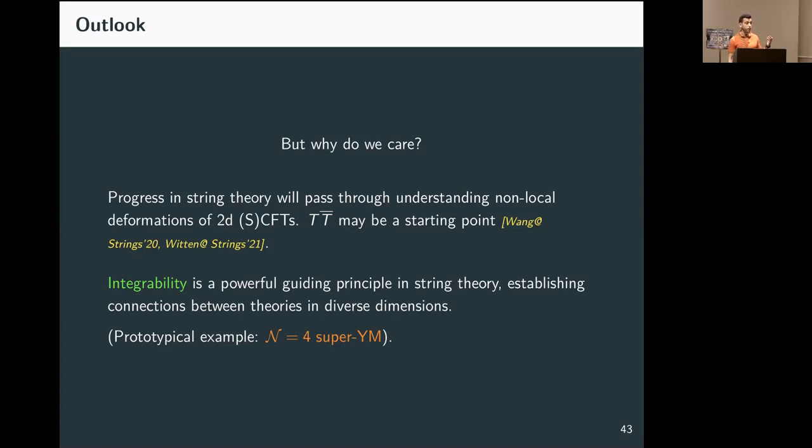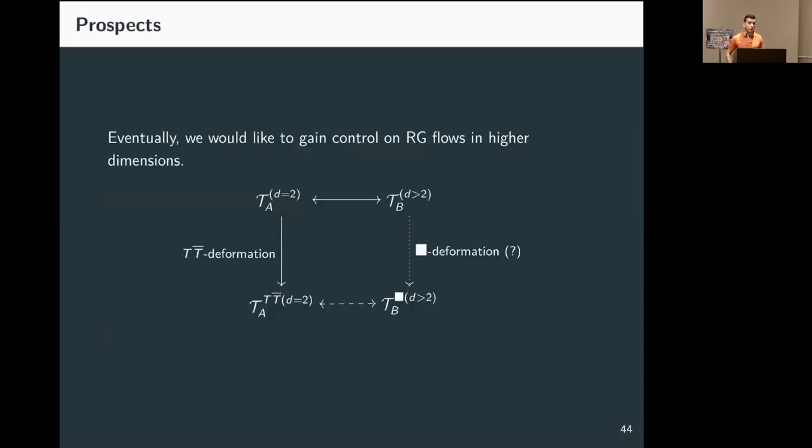I already mentioned the Bethe/gauge correspondence, but I think most of us will also think of the planar integrability of N=4 super Yang-Mills. So eventually, we may try to understand or find some RG flows in higher dimensions that are as solvable as TT-bar is in 2D.